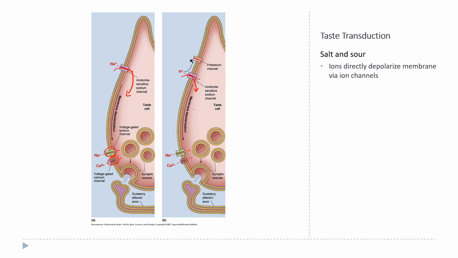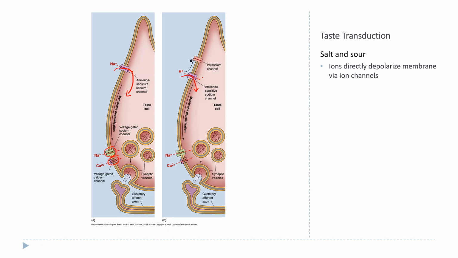Now, the question then becomes, if both sodium ions and protons go through the same channels, how does a salty taste cell tell the difference between a sodium ion and a proton? And it turns out that these protons also interact with potassium channels on the taste cells.